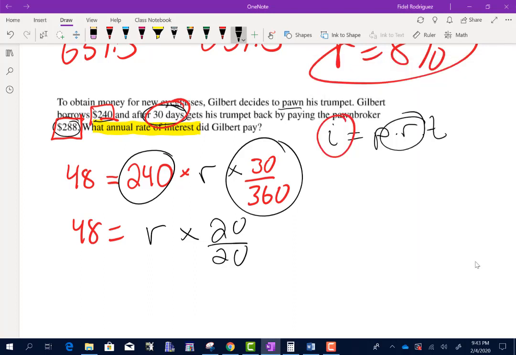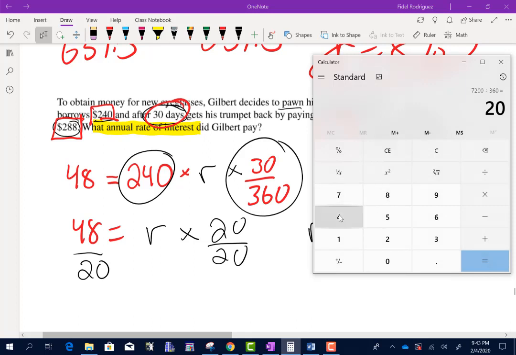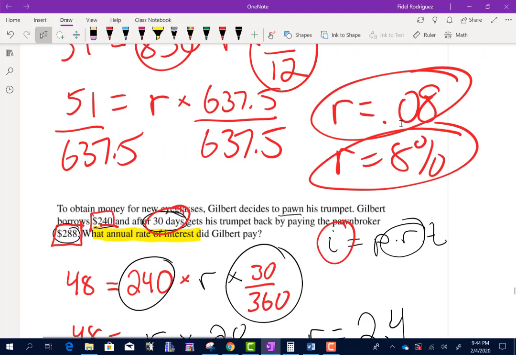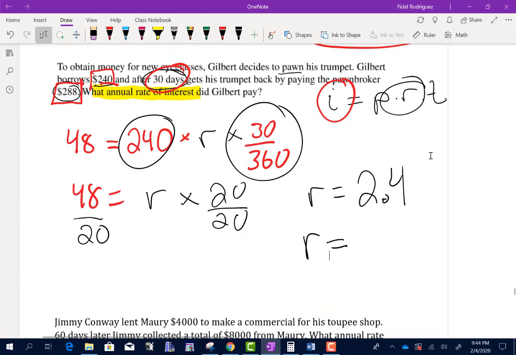So I'm going to divide both sides by 20. And so I take my calculator, 48 divided by 20, 2.4 is what I'm coming up with. Now guys, that's the number written as a decimal. If I was going to write it as a percent, look what we did before. When we had 0.08, we moved it 2 spaces to the right, so we got 8%.